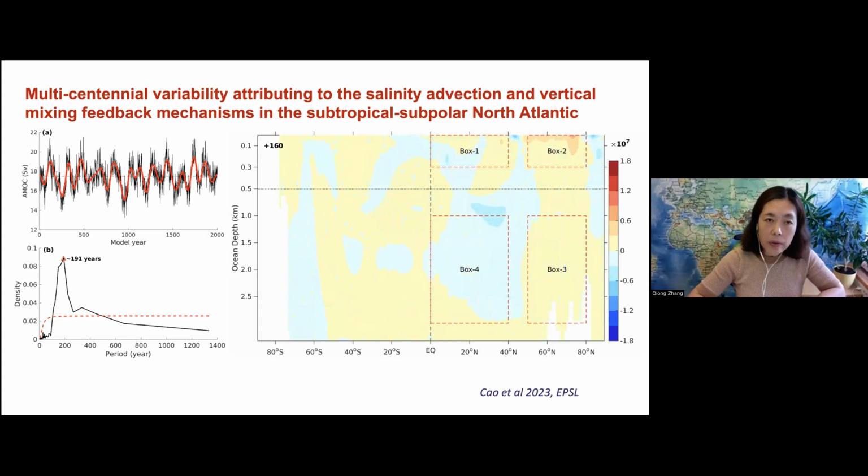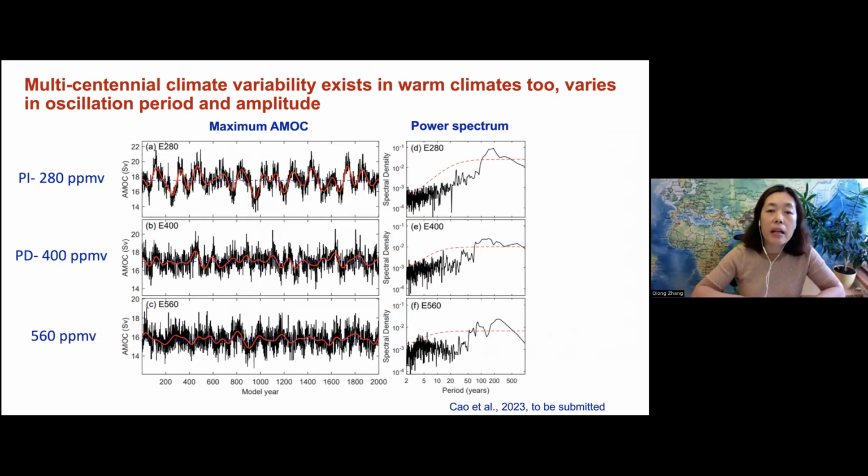And also if the sea ice is the driver, then this variability might disappear if you don't have sea ice. So we also did the sensitivity experiment in the high CO2 simulation. We compared different CO2 levels, like PI level, present day level, and also double CO2 level. Then we looked at the MOC behavior in these 2000-year simulations.